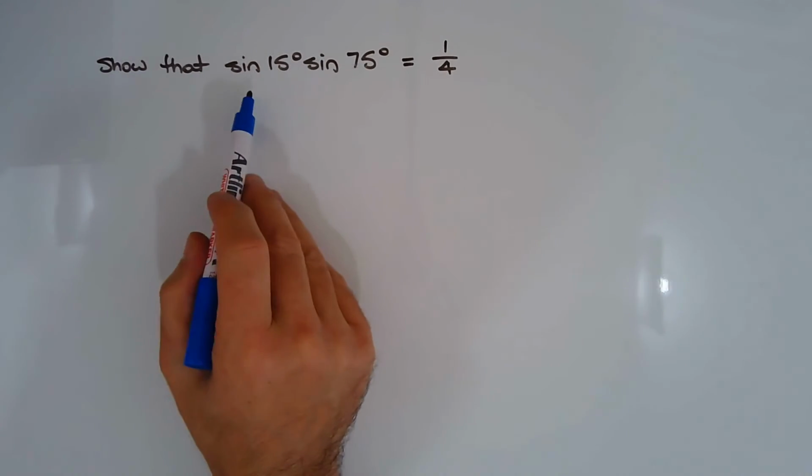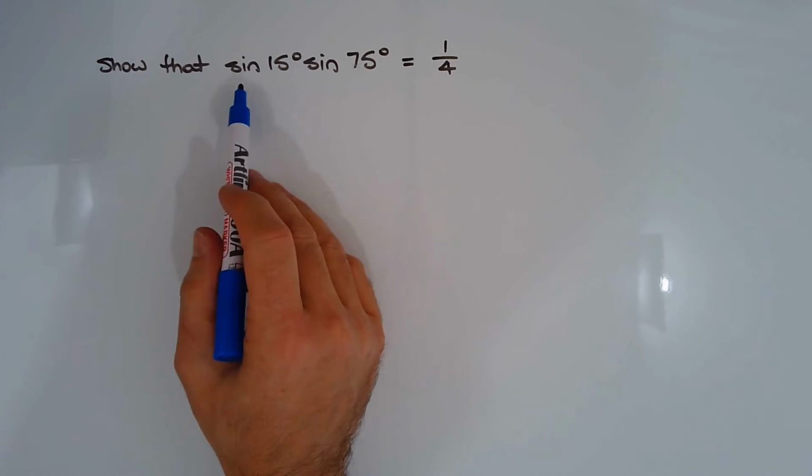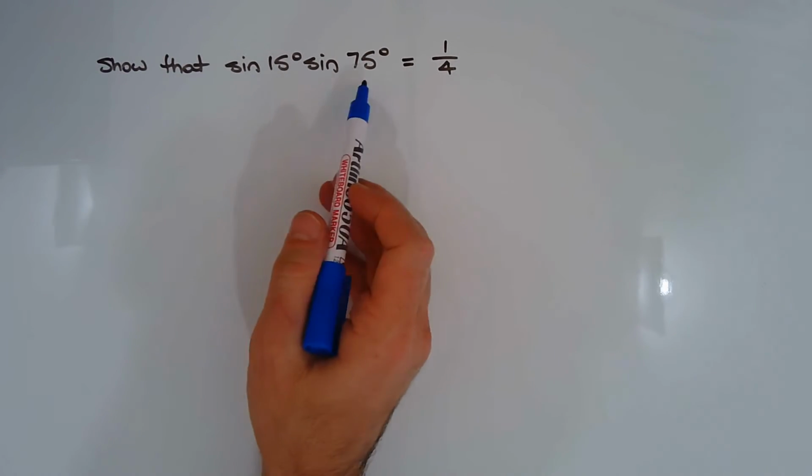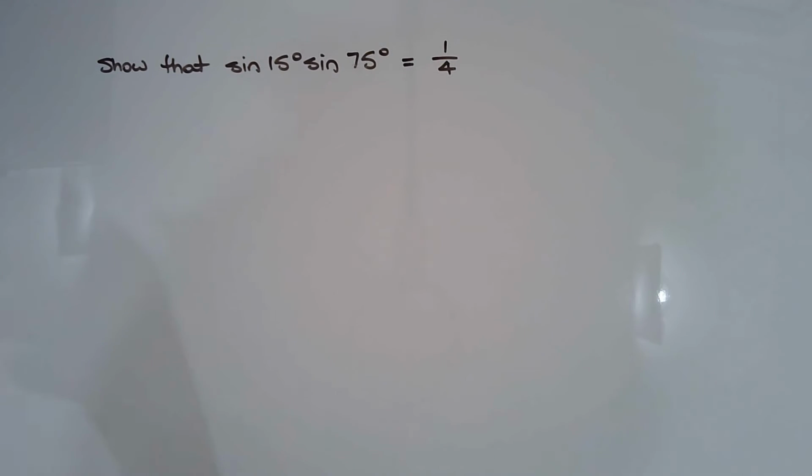Now, here's the clue. When you have a product involving sines, so sine sine, or cos cos, so sine 15, sine 75 in this example, it's going to involve a sum or a difference of cosines.